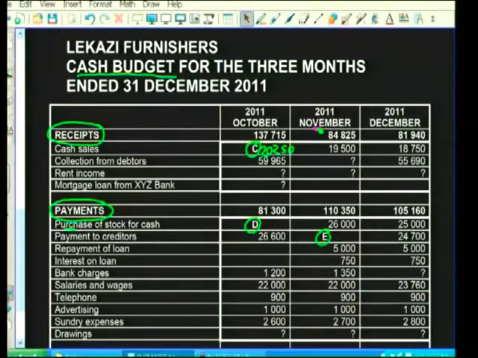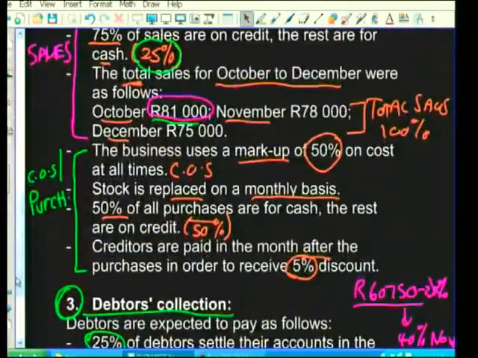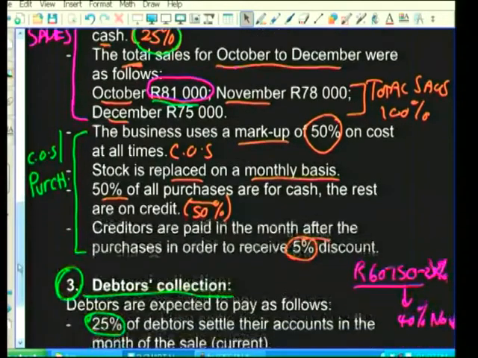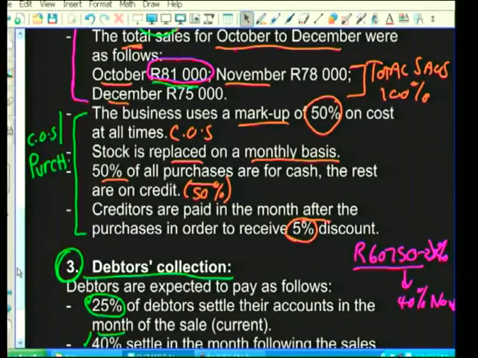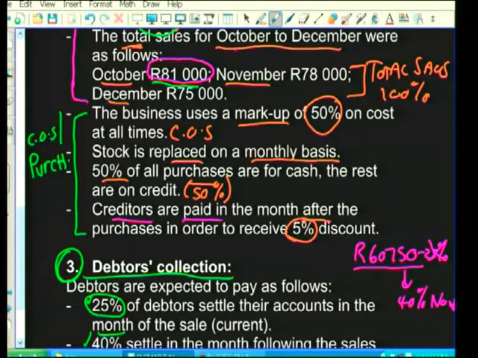So back to the question. Okay, there we go. In terms of the information with regards to payments to creditors, creditors are paid in the month after the purchases in order to receive a 5% discount.